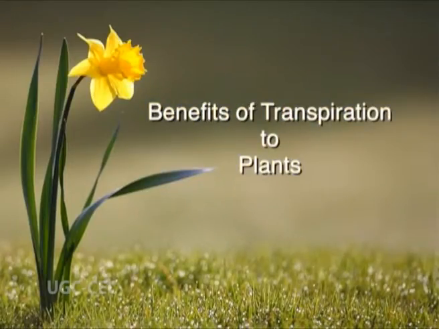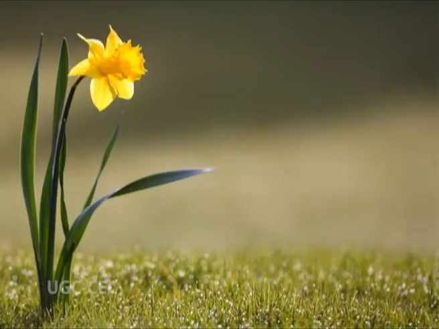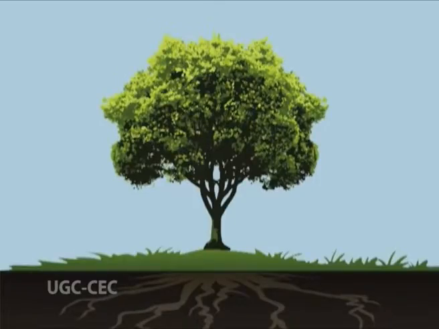Benefits of transpiration to plants. Transpiration is not simply a hazard of plant life. It is the engine that pulls water up from the roots to the leaves. As with any other process, there are pros and cons of transpiration too.